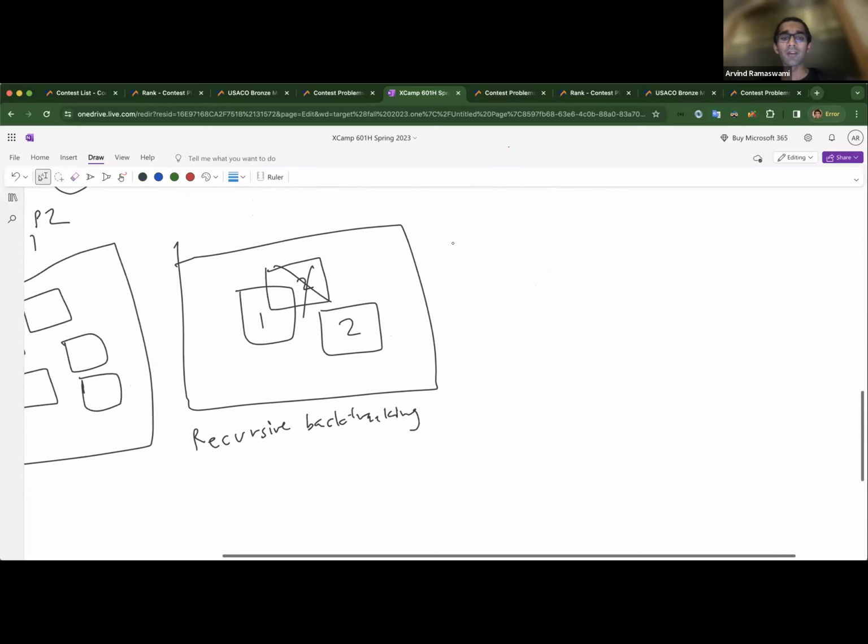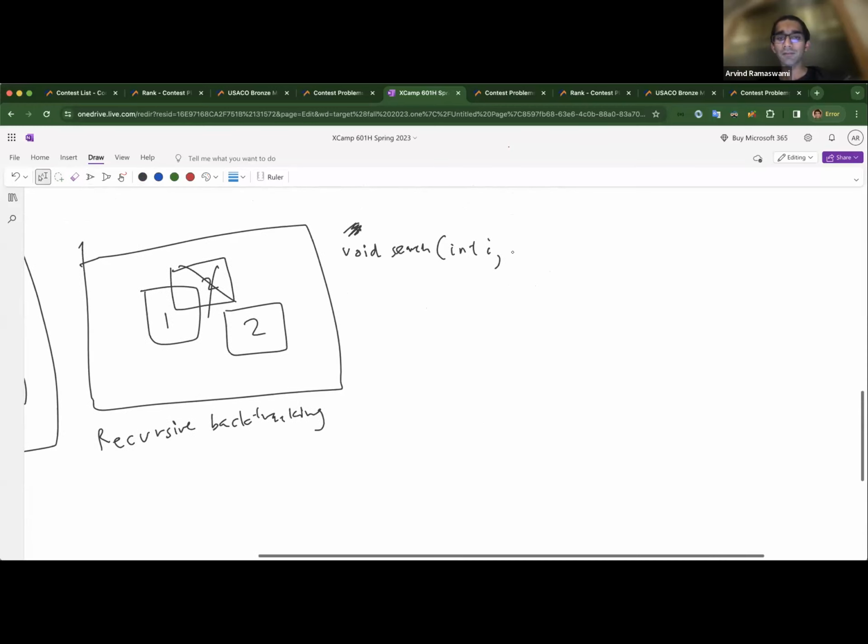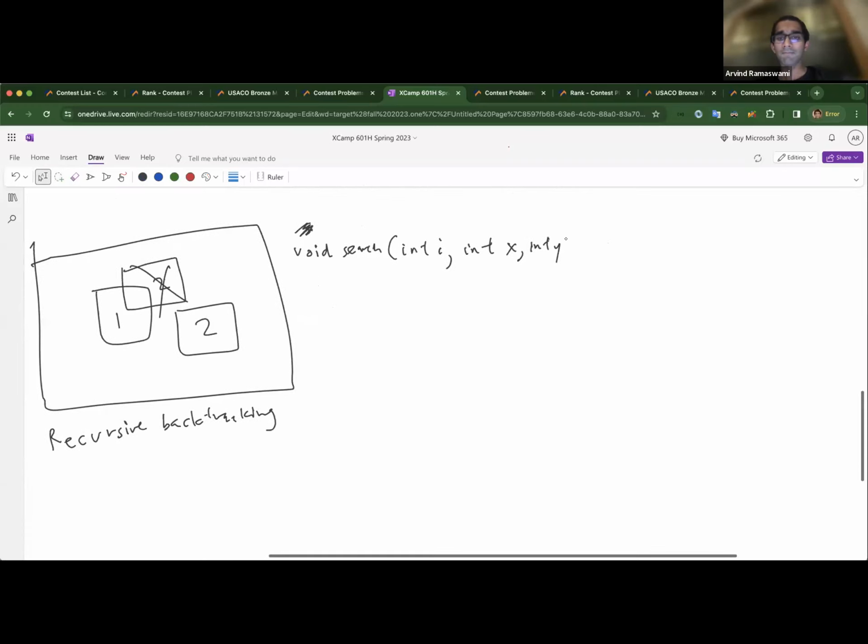When you write code for this, a number of people solved this with void search, and then you'll have your int i, which is the index of the square you're placing, and then int x, and then int y, and then basically there's some recursive call.